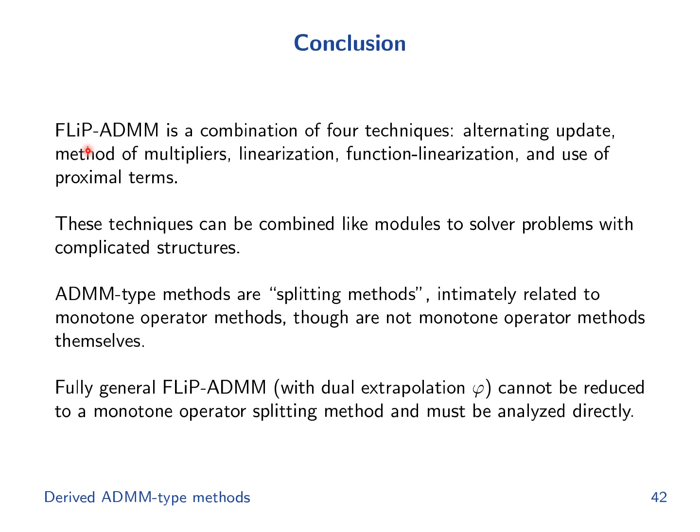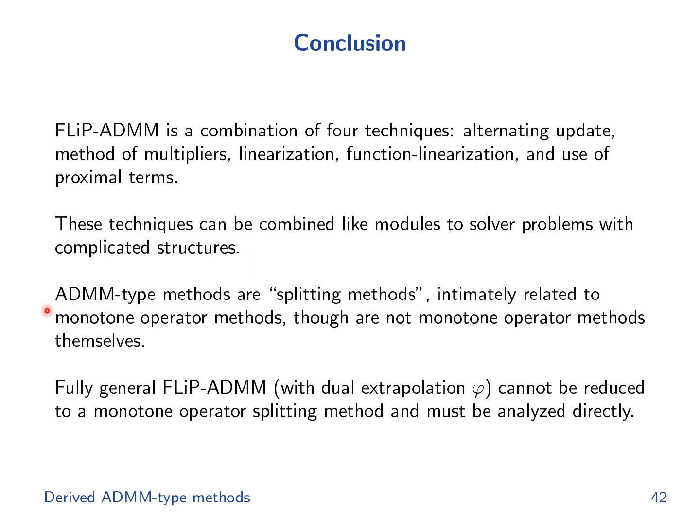And the last technique, the use of proximal terms, which can implement even partial linearization. And these techniques can be combined like modules in any way to solve problems of very complicated structures. In addition, other techniques such as dummy variable technique, consensus technique, Jacobi ADMM technique can help us solve problems with even more blocks.